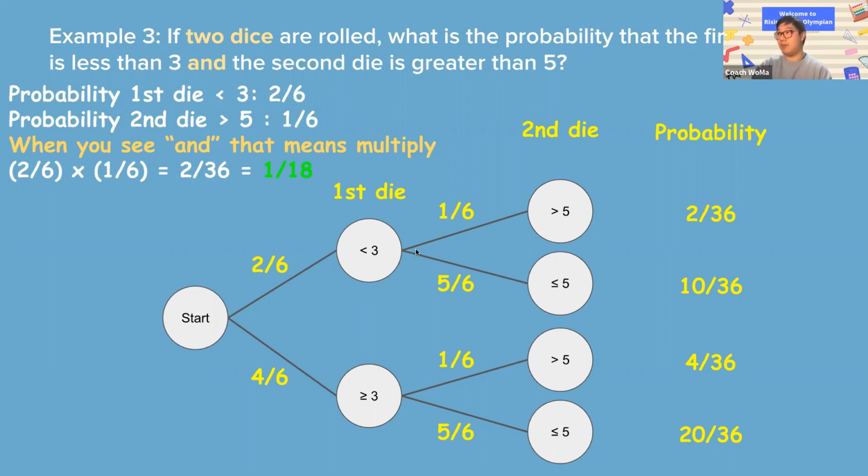Some of these worlds are more likely than others because there's more possibilities of this happening than the other. So in our case, this question is saying less than 3 for the first die, greater than 5 for the second die. We'll see that this is probably 2 over 36.